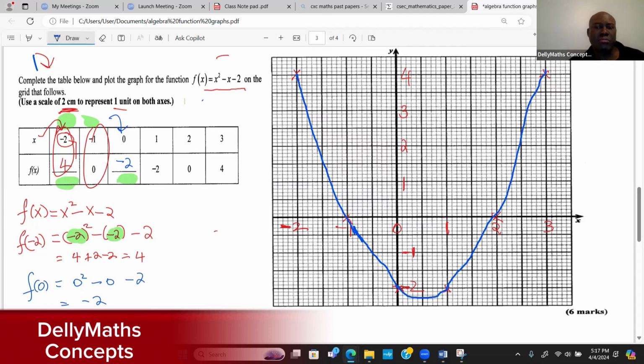So basically, that's me using my freehand. It could be a little better, but sometimes it's difficult to draw them on screen. So there it is, we have our quadratic curve. And you would have gotten full marks for that.